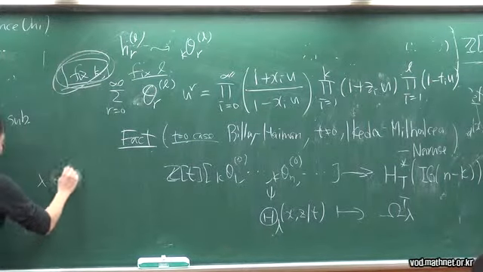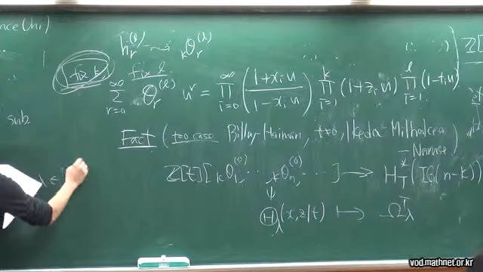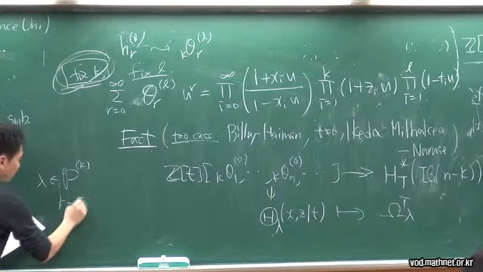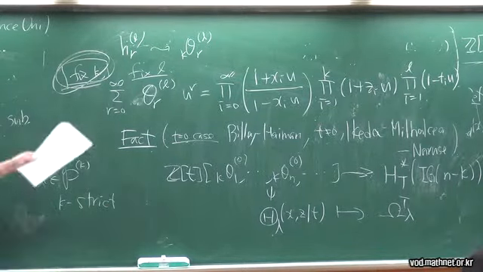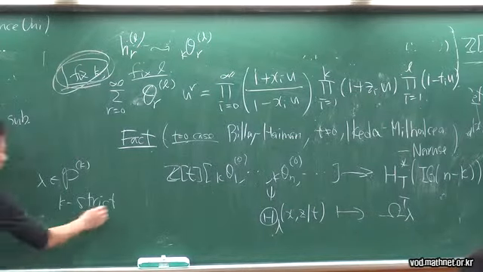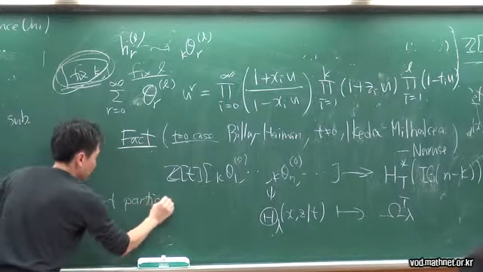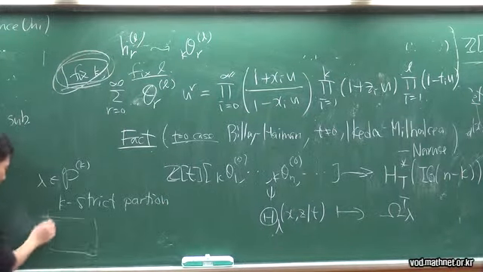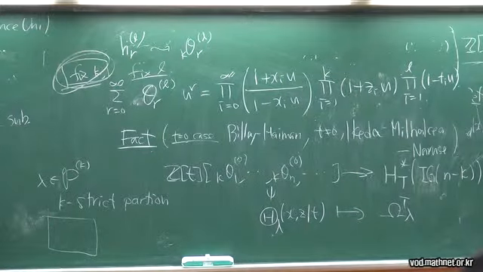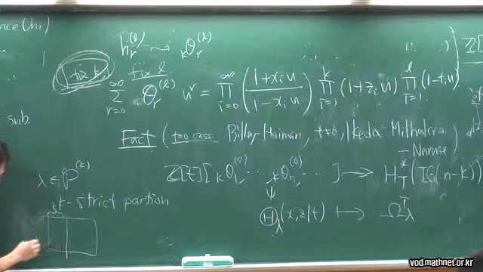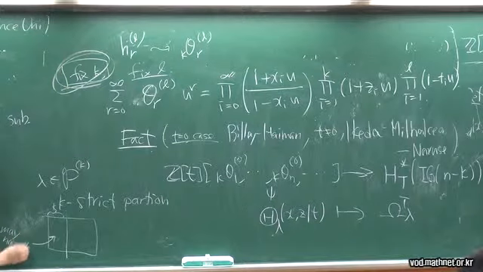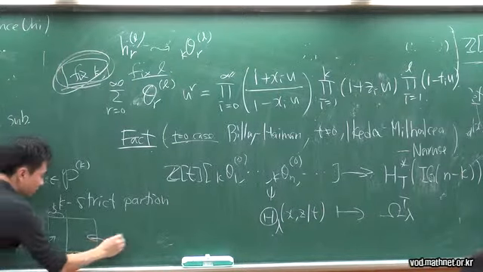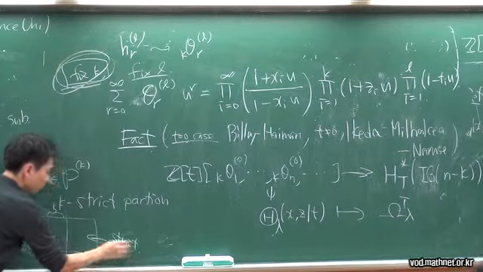So what is this lambda? This is a k-strict partition. The replacement for the partition is a k-strict partition. So what is this? You have some rectangle where this strict partition sits in, and the first k rows may be non-strict, but this part is strict.